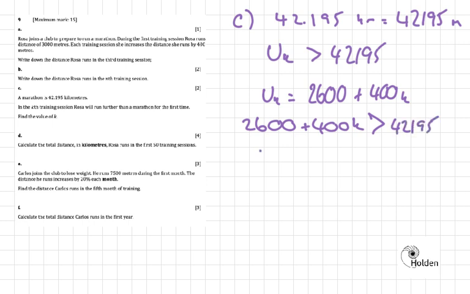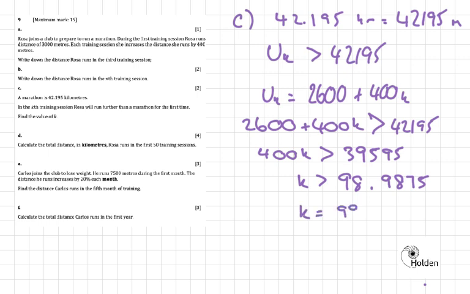Subtract off the 2,600. That's going to give us 39,595, and k is going to be greater than 98.9875. k has to be an integer value, so k is equal to 99.